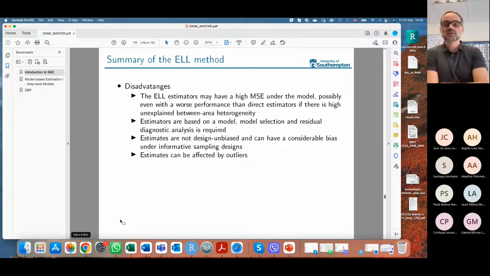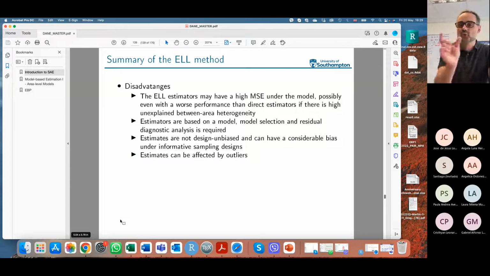The disadvantages: the ELL estimators may have a high mean squared error estimator under the model, and possibly a worse performance than direct estimators if there is high between area variability. So if your sigma U is very high, then the ELL estimates may not be that good.